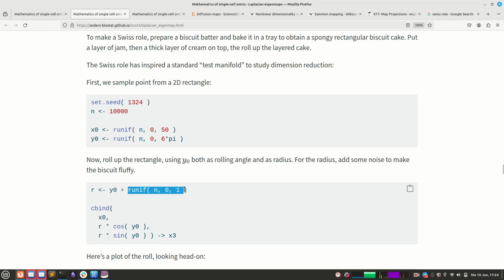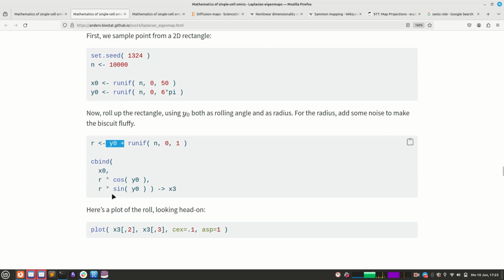And to make my cake a bit fluffy, I add a little bit of noise to it here by adding uniform values between 0 and 1. And now I get three-dimensional coordinates by saying the x coordinate is what it was before, and the y and z coordinates are now the cosine of y and the sine of y multiplied by this radius here, which is also y.